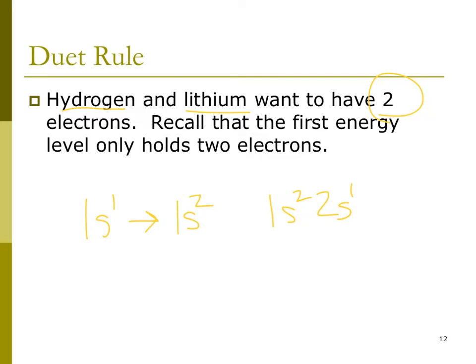It would want to lose 1 electron so that it can get to the complete configuration of 1s2. So both of these ions would like to be like helium, so that we would call that the duet rule, having 2 valence electrons.